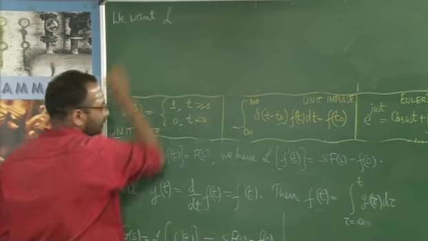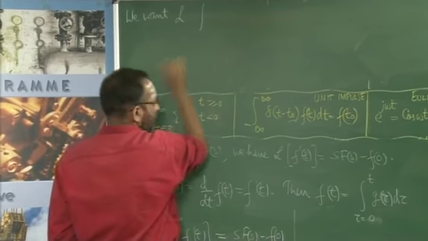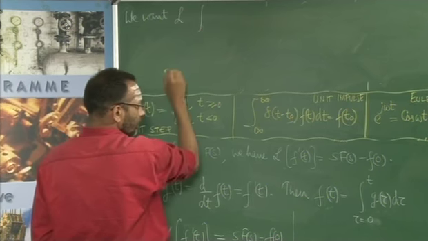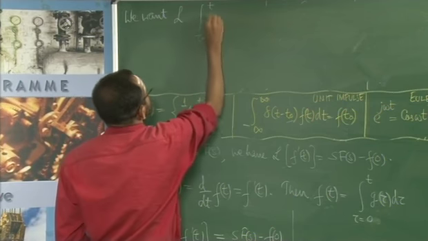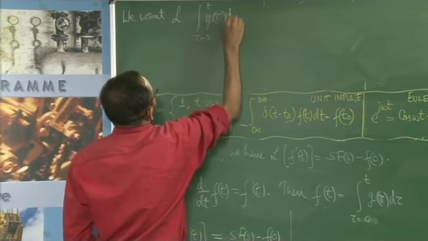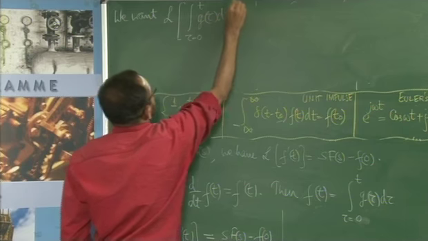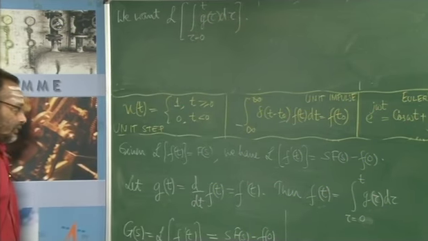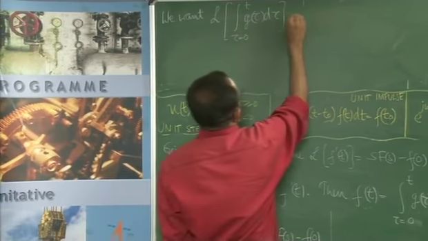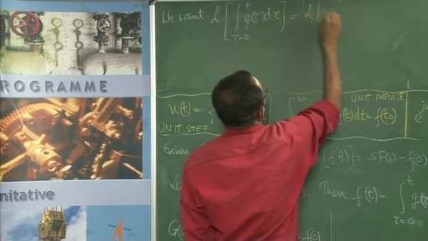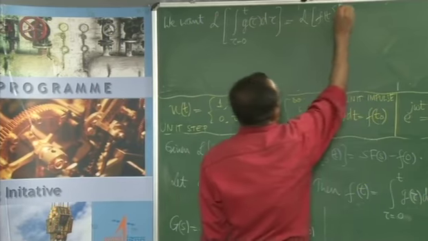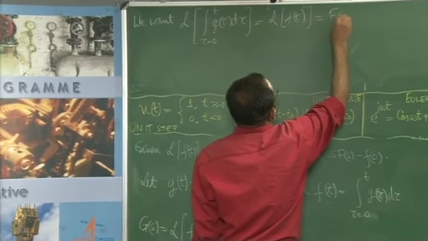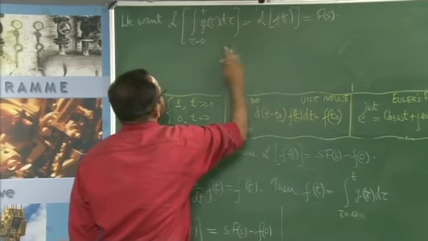We want the Laplace transform of the integral, tau equal to 0 to t, g of tau d tau. We want the Laplace transform of this. That is the same as the Laplace transform of f of t by our definition. And the Laplace transform of f of t is F of s.